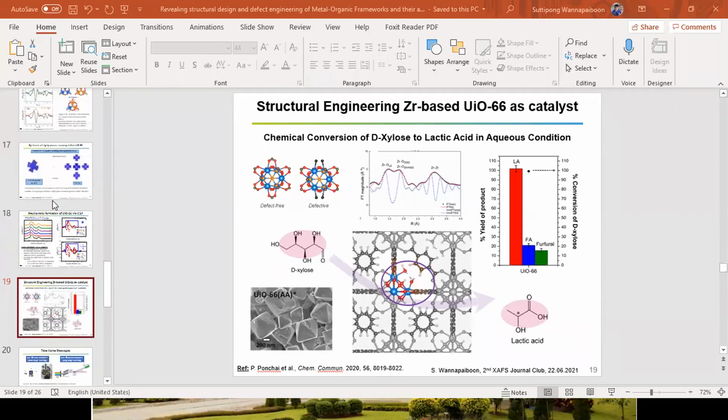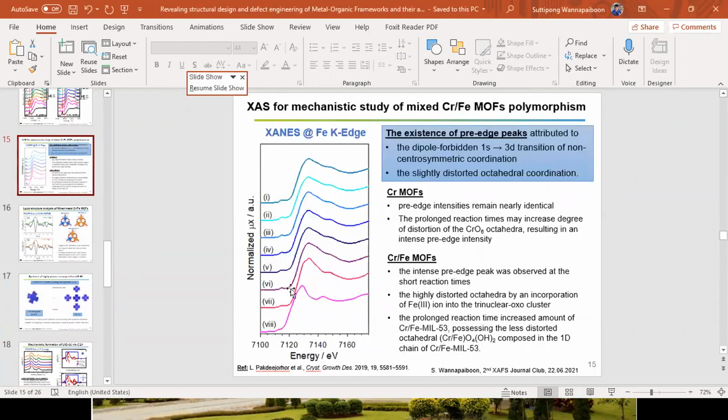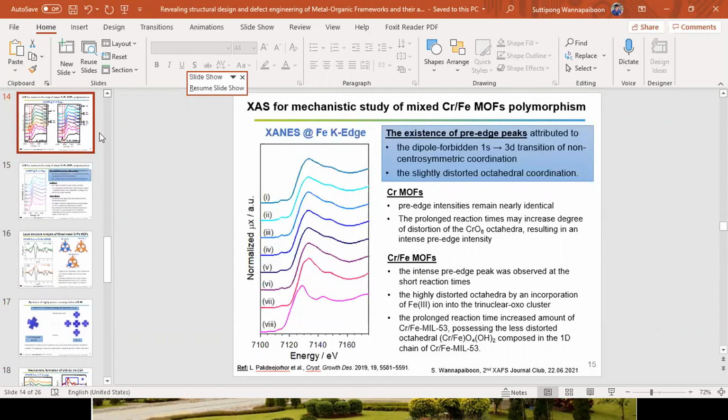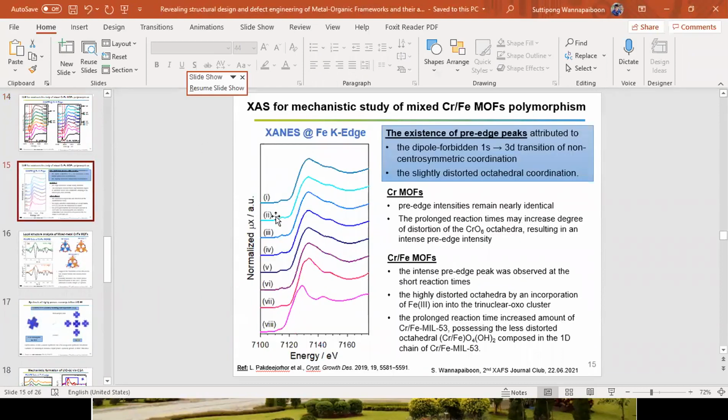Okay, in this case, maybe I went too fast in the talk, but you can see the oxidation state is still the same. In the other cases, the patterns are the same; the only difference is the pre-edge part, related to the symmetry of the cluster inside the structures, but the oxidation state remains.